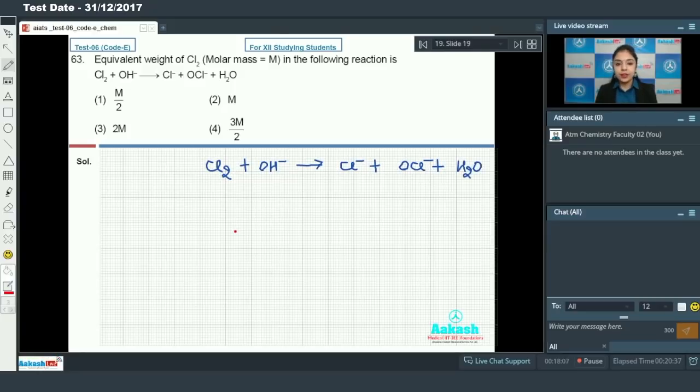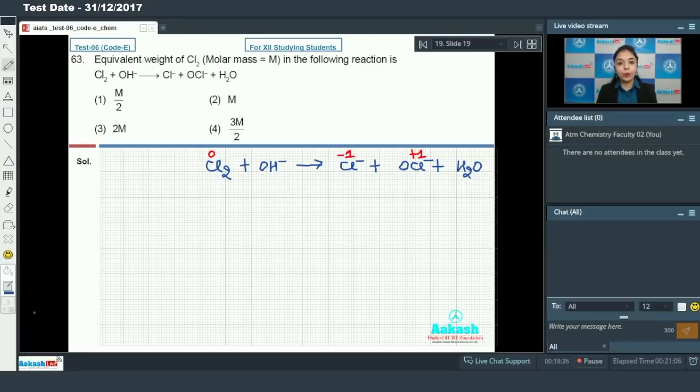Here you can see that in the reactant Cl has the 0 oxidation state, and in the products Cl is in the -1 oxidation state and in the +1 oxidation state as well. So chlorine is being oxidized as well as reduced. This is an example of a disproportionation reaction.